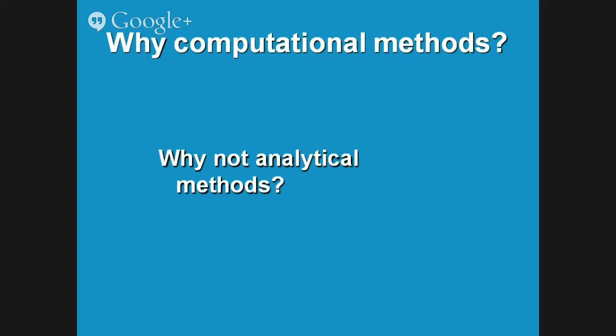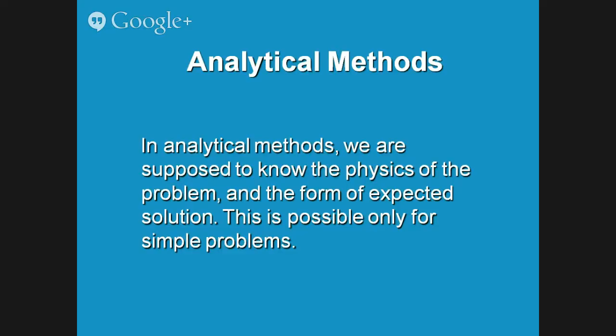Let's go to the next one. First of all, we define the analytical methods. The main thing when we apply these methods is that we are supposed to know the physics of the problem. That is the first thing. And second, the form of the expected solution should also be known.